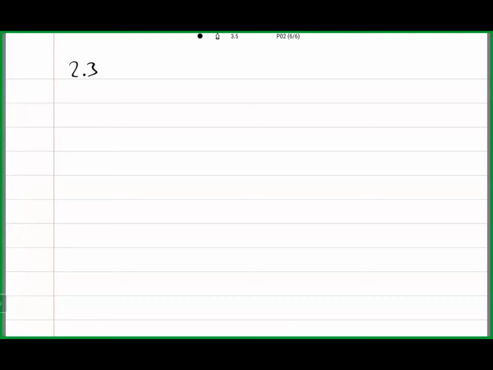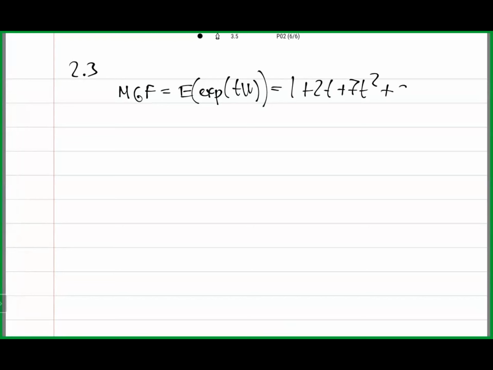You have a moment generating function, the expected value of exponent of tW is equal to 1 plus 2t plus 7t squared plus 20t cubed plus and so on. So you have the Taylor expansion of another function.